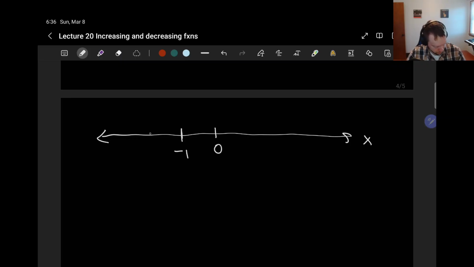My critical numbers were 0 and -2 and 3. So I'm going to highlight those places to show where my graph is sectioned off.